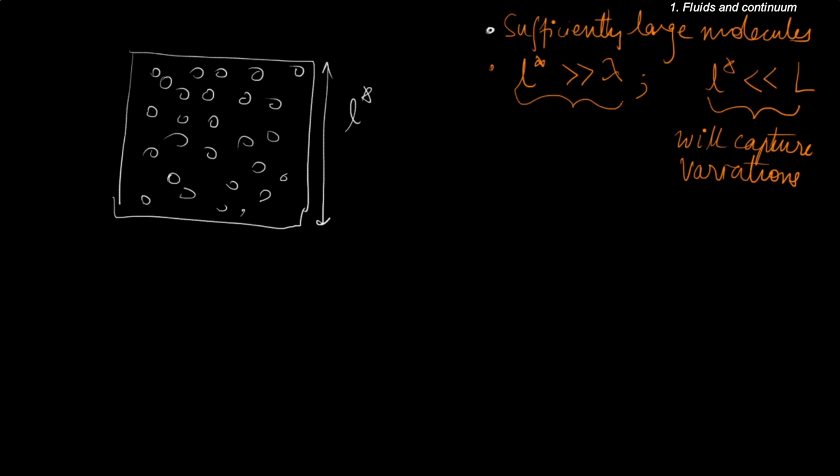And the ramification of having the length scale larger than the molecular free path, mean free path or the molecular length scale is that I will not have a large variability.